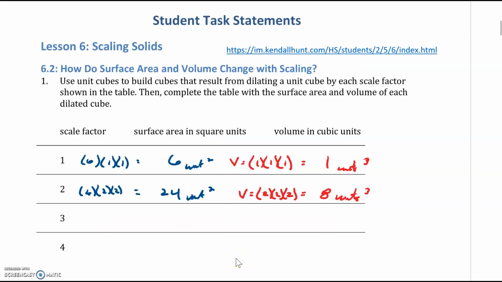So we have 6 of these 3 by 3 sides. 3 times 3 is 9, 6 times 9 is 54 square units for my surface area.